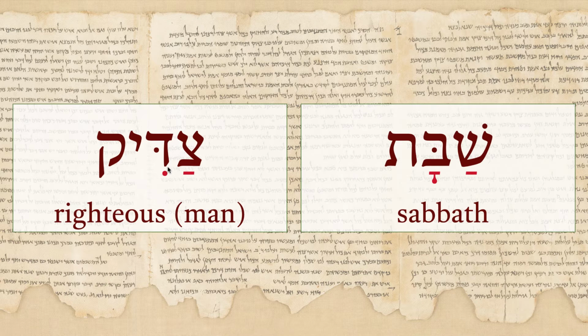Again here, Dalet. Before the Dalet, there is a Patach, a short vowel sound, and therefore we pronounce it Tzaddik. Tzaddik means righteous man. Actually it says righteous, but the man is implied because the word is in the masculine.